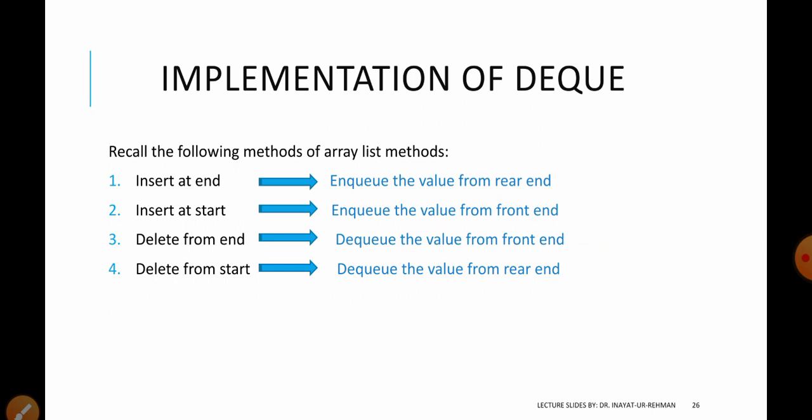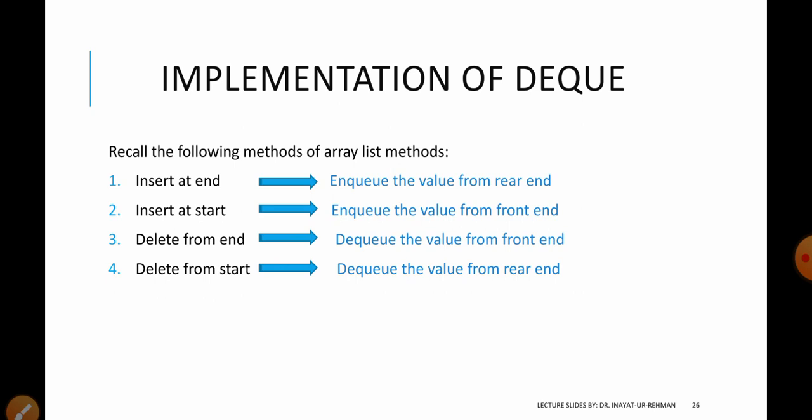We just have to rename the methods. The insert at start method can be renamed as enqueue the value from front end. Just rename that method, the rest is all the same.